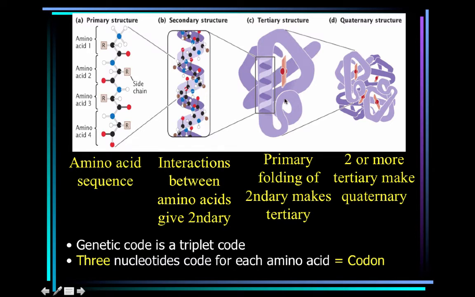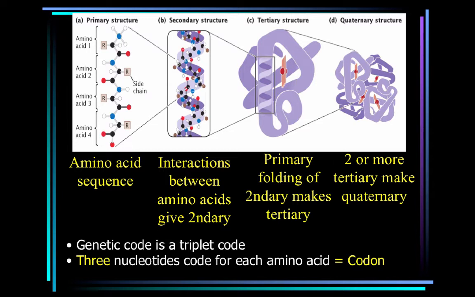And then that is going to be even more folded up into a tertiary structure, and sometimes it's going to be grouped together with other subunits into a quaternary structure. So just keep in mind that amino acids are the genetic code from DNA, and it's going to travel through the messenger RNA strand to be translated into protein.